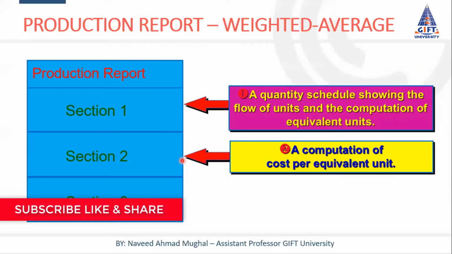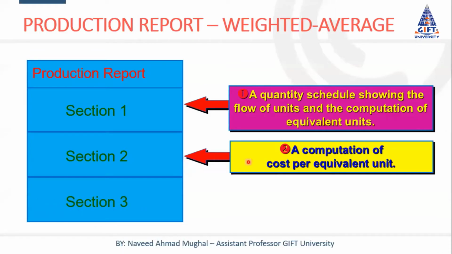The basic procedure of a costing system is, number one, accumulation of the cost in a particular department or a particular job. I have already explained in detail the production process and the costing procedure of process costing. You may consult that video.